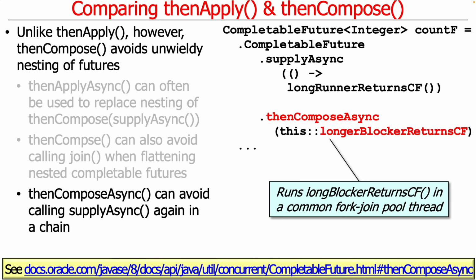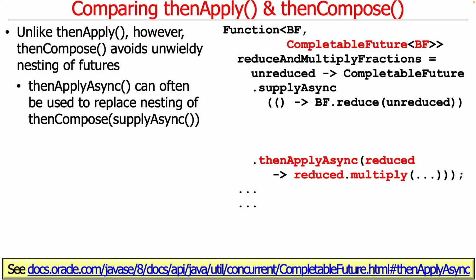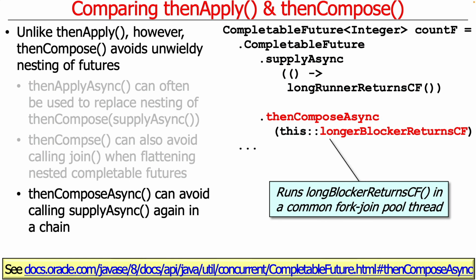If what you're composing also returns a completable future, then you can use thenComposeAsync. Very much the way that we used thenApplyAsync to avoid nesting, we can use thenComposeAsync. So what that will do is, even though this method, called by this method reference, returns a completable future, thenComposeAsync will run that in the background and ensure to denest it.